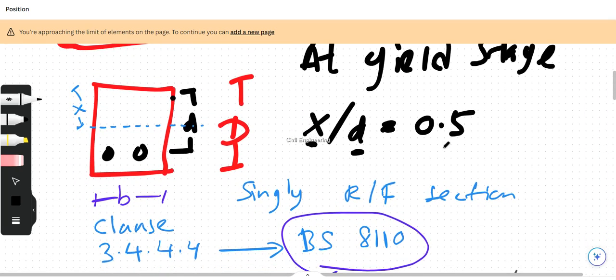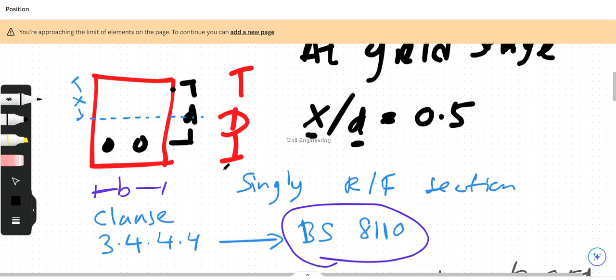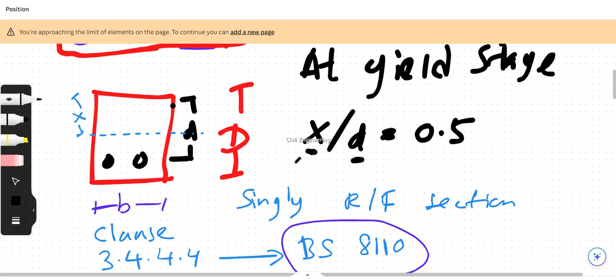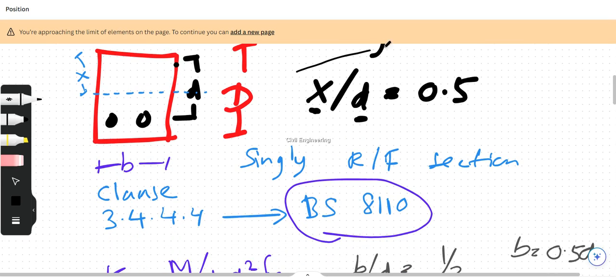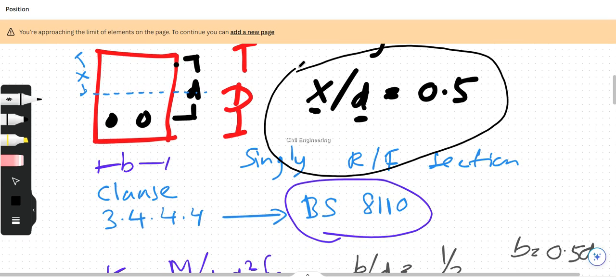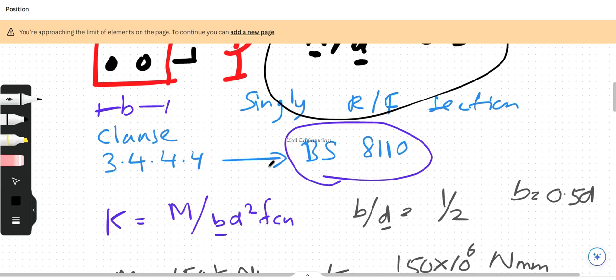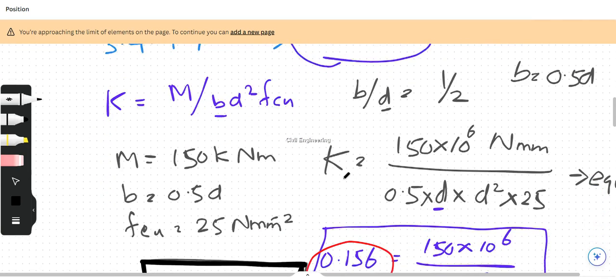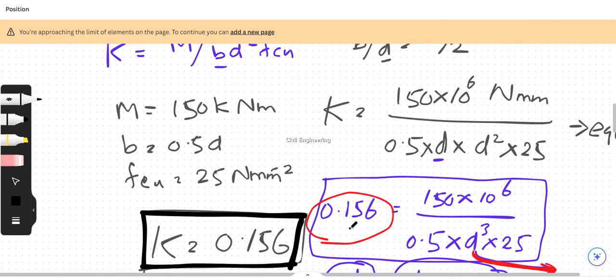As a summary, I selected this section using the given data, and I assume that this section is at the yield stage, then x over d, the neutral axis over effective depth, is 0.5. To satisfy the single reinforced section, the K value must be 0.156.